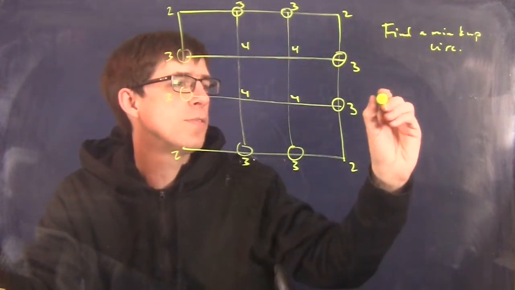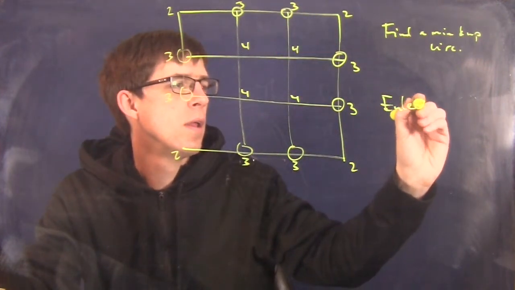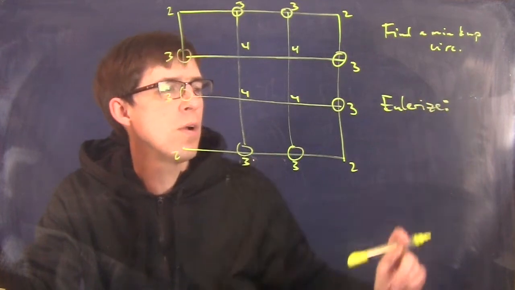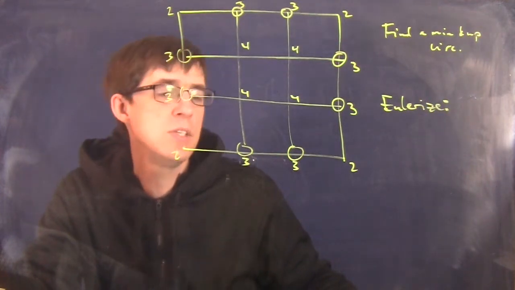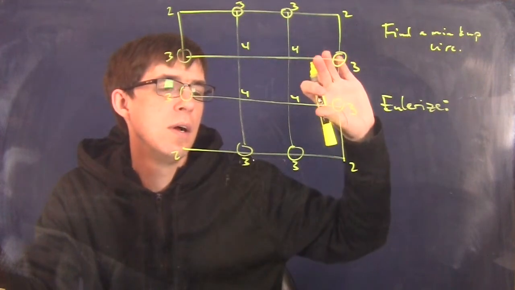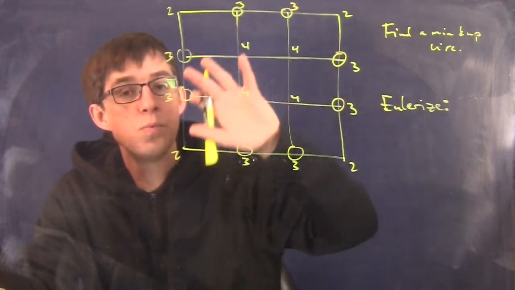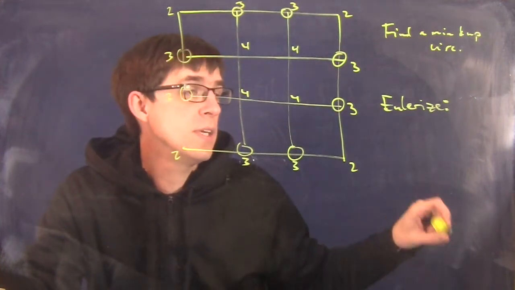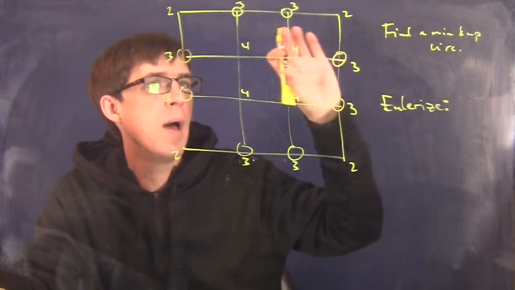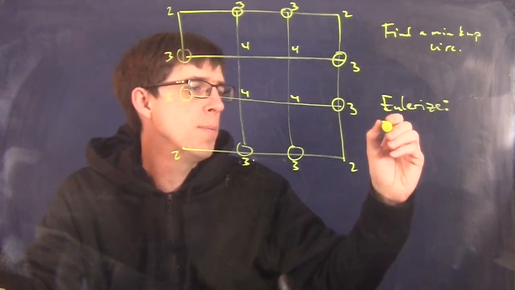Let's Eulerize first of all. We are going to try to duplicate existing edges in a way which causes all these ones which are odd to become even. Now, the way to do this is you want to think of these odds as if they were in pairs.